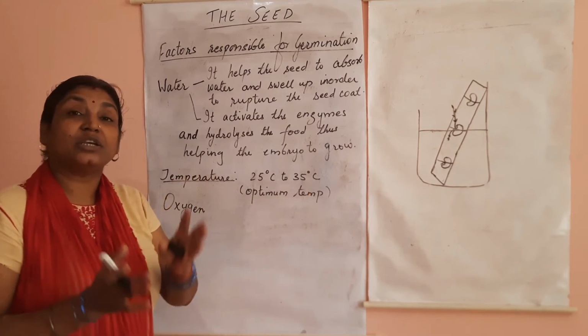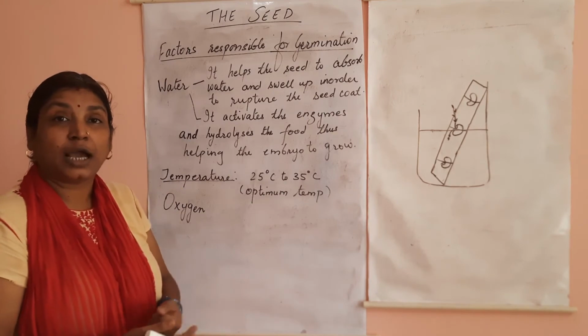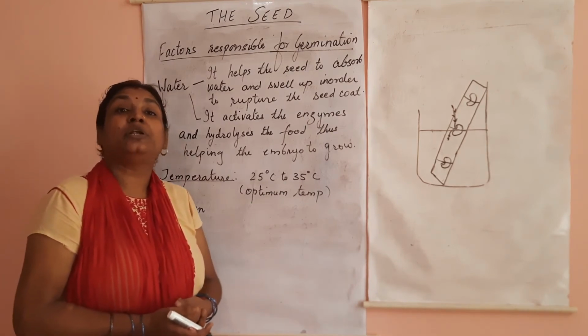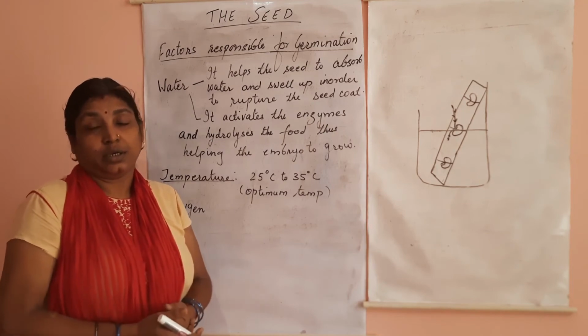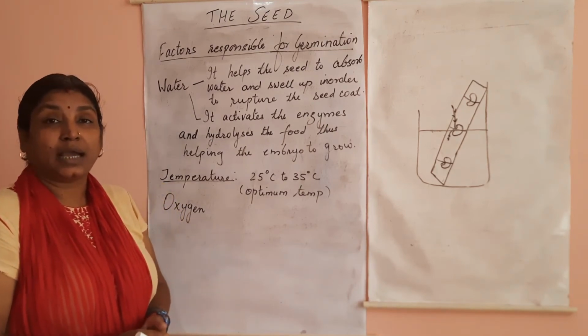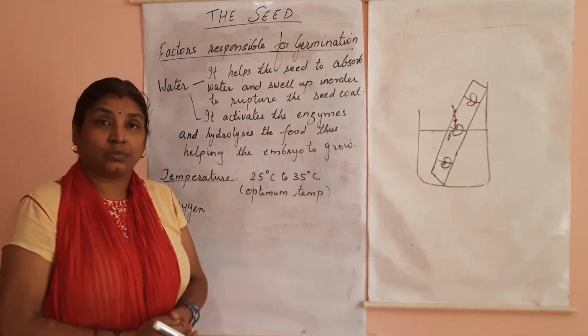Now, what happens if a high temperature is available? If the temperature is very high, the enzymes become denatured. They are made up of protein, so they coagulate. As a result, the enzymes needed for various reactions are not available.